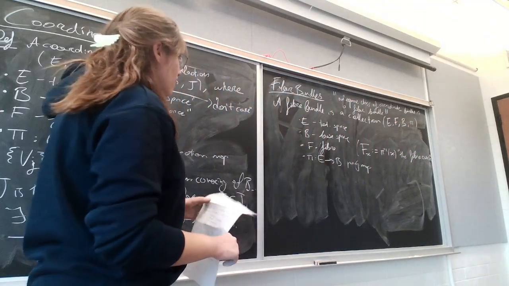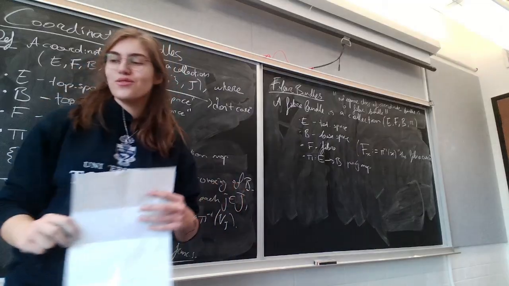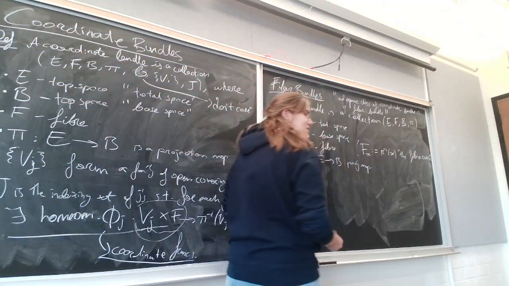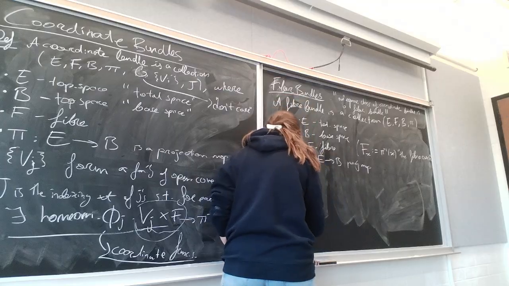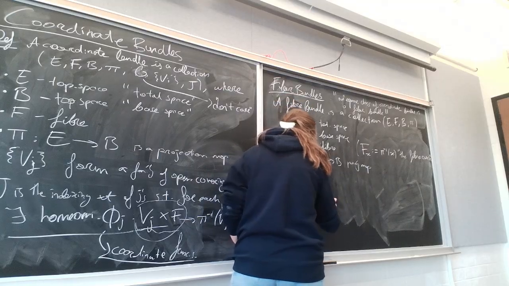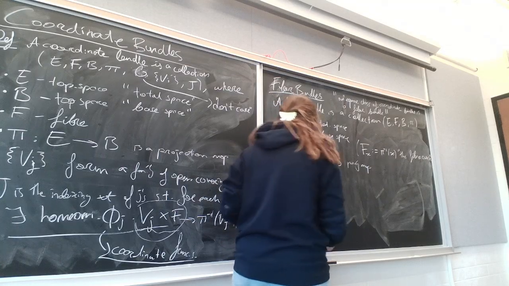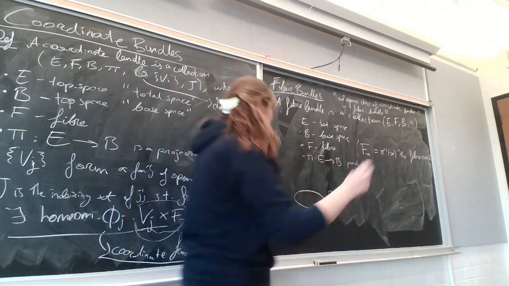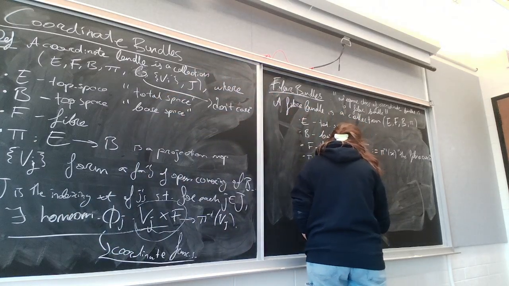Okay, now we know how to define fiber bundles. Let's draw some pictures. So I was going to ask this, but you spoiled it. You can still ask it. Okay, so suppose we choose S1 for a base space. So let's put a bunch of S1s.